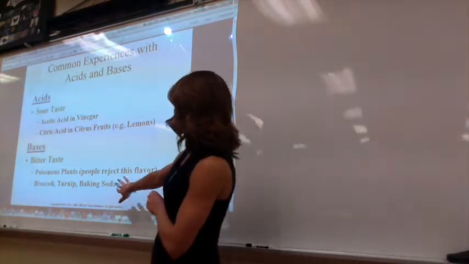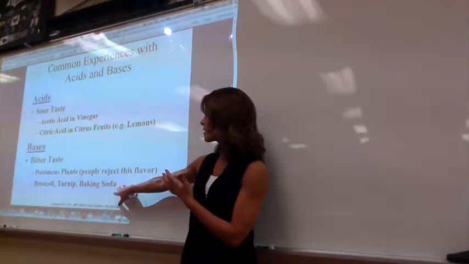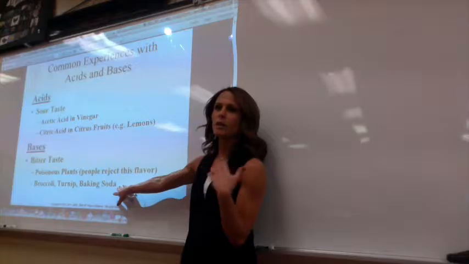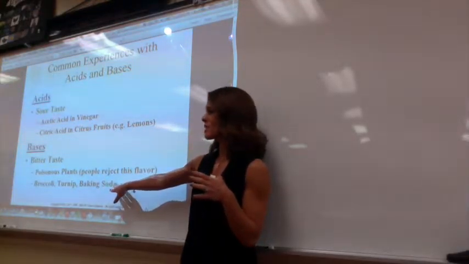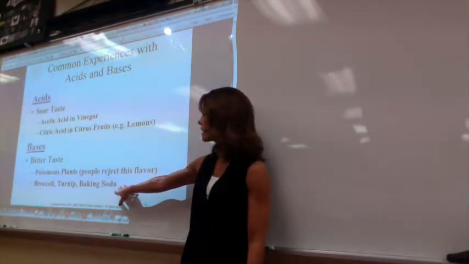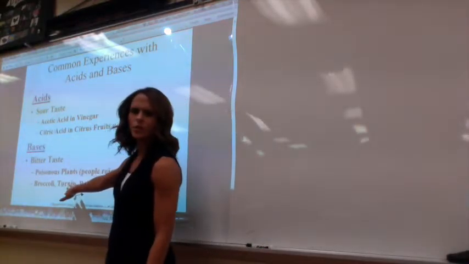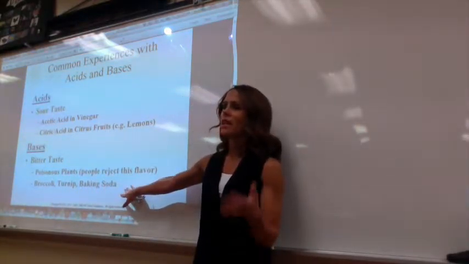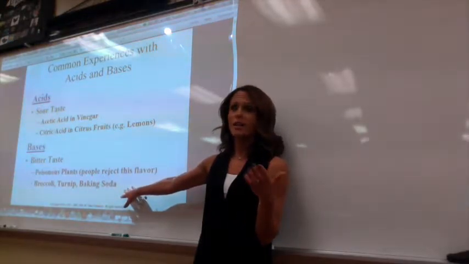Some interesting stuff about how biologically you would reject the flavors of these things could be because your body is rejecting the nutrients that those give you. So I was going to go into a little bit about how iodine, broccoli, I think it's broccoli or turnips, inhibit iodine getting into your thyroid, and so you need iodine in your body.